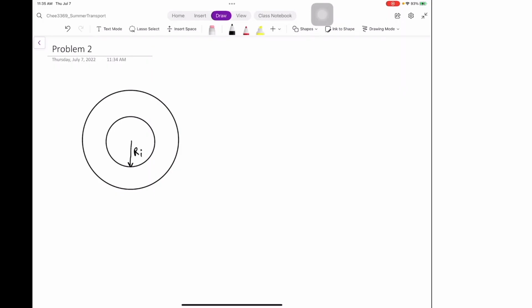This is RI, and this is R out. This is T out. This is T in. And here you have the radioactive waste. Okay, this is water at 25 degrees centigrade.